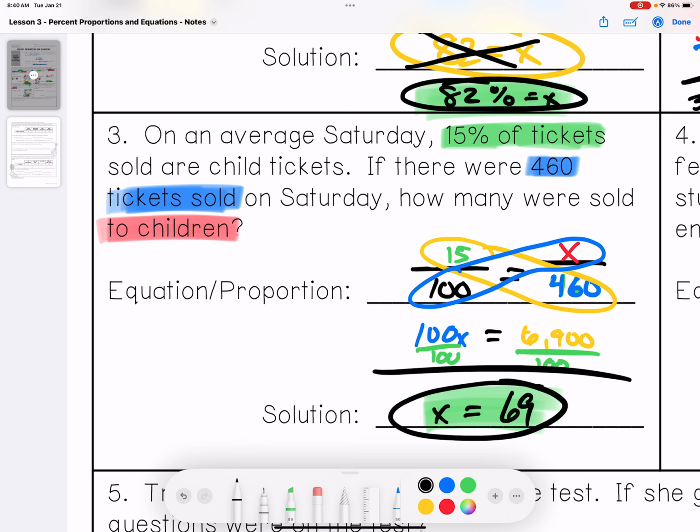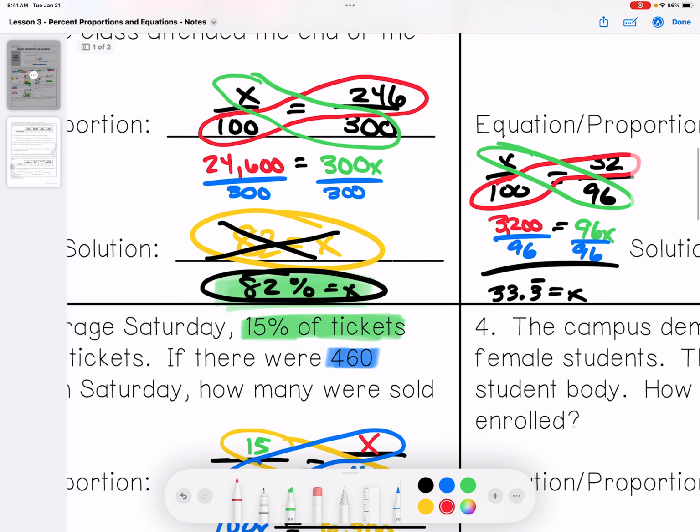Now, on this one, for you guys that don't like the butterfly, you could have done it without the butterfly this time. You could have said, how many times does 100 go into 460? And you would have come up with 4.6. You could have divided 460 by 100 and got 4.6. 15 times 4.6 is the same thing, 69.